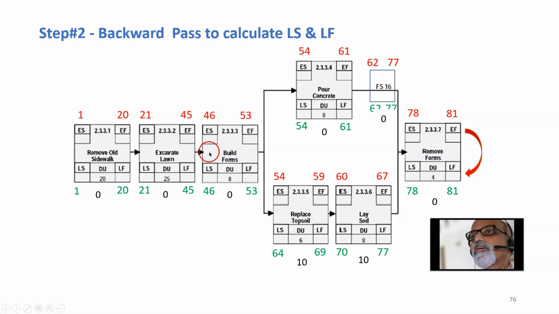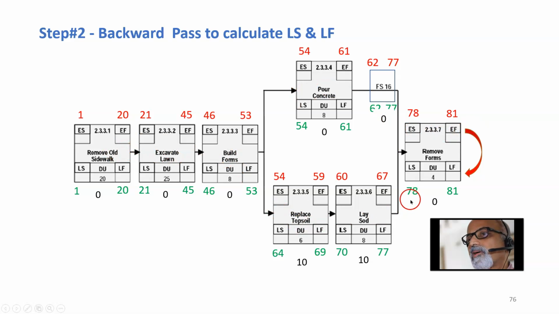So if I connect all those activities whose float is equal to 0, that becomes the critical path. And that is the longest path in the network also. So here if you see the length of this path, that is 20 plus 25, this will be 81.